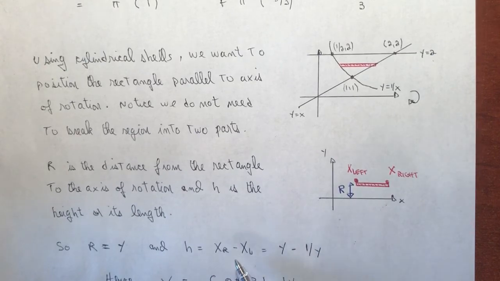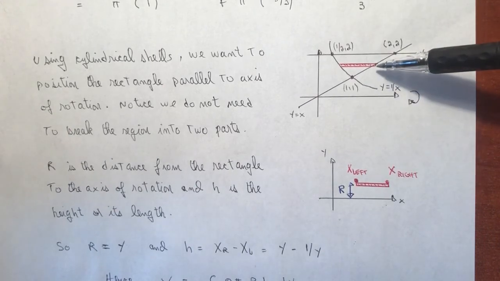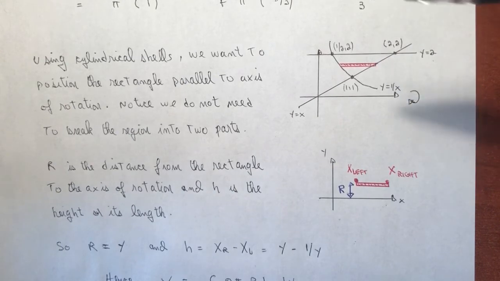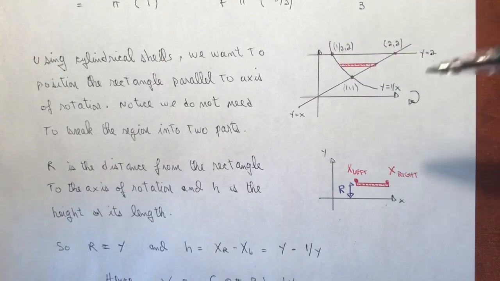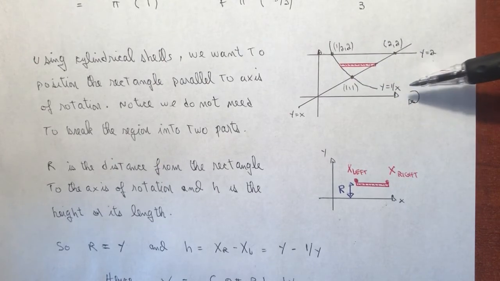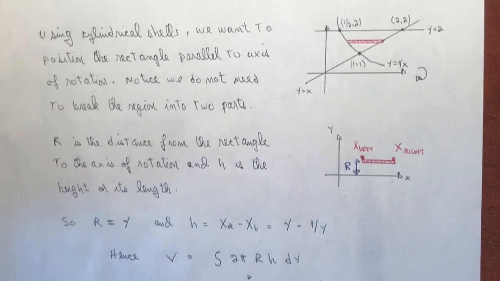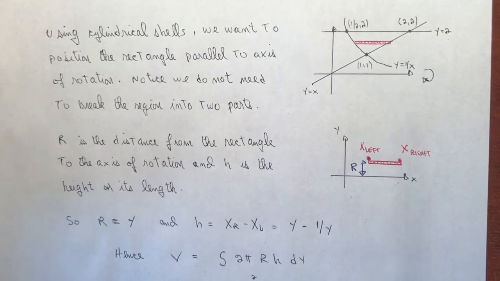The height is, because it's horizontal, x right minus x left, so we have to isolate the x right here. Basically, x is equal to y, so it gives itself away. As for the x left, over there, we have to isolate the x from y equals 1 over x. So cross multiplying, we get 1 over y, which will give us a formula for cylindrical shells: the integral of 2 pi r h.